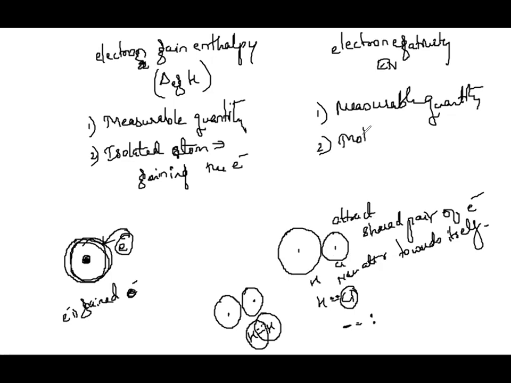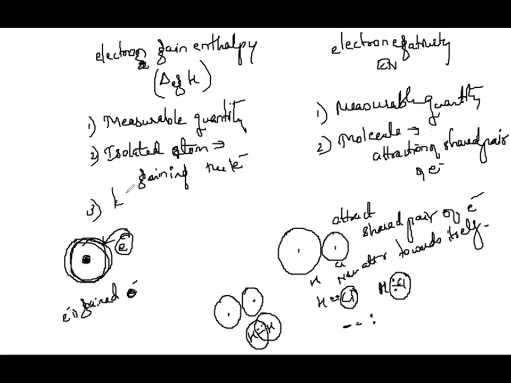So in case of a molecule, there is attraction of the shared pair of electrons towards itself. Here, in electron gain enthalpy, it is gaining of a single electron, one electron. Near chlorine, the electron density is more. But in electron gain enthalpy, the electron is actually added into the orbital.